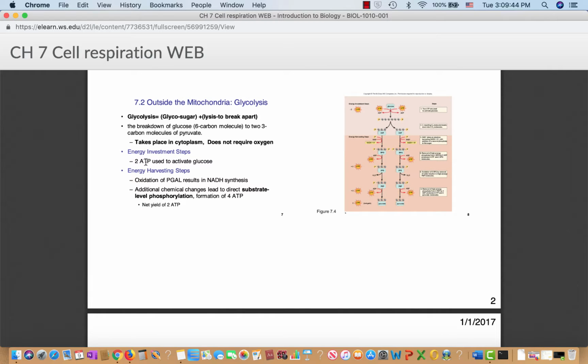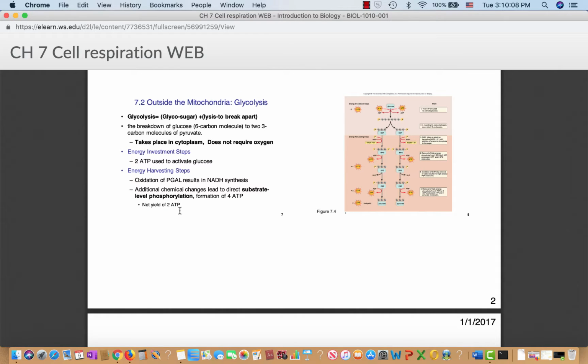The energy investment is 2 ATP used to activate the glucose, and then your energy harvesting step is the oxidation of PGAL, which results in NADH synthesis. That's your electron carrier we talked about before. And then you also get substrate level phosphorylation, so you get 4 ATP.